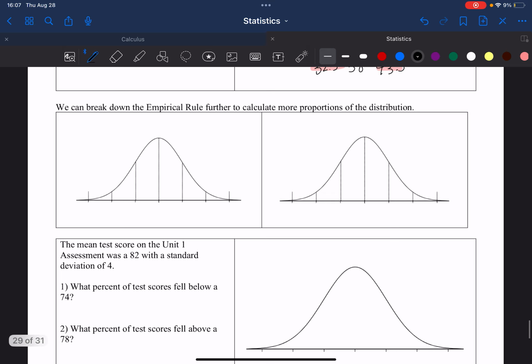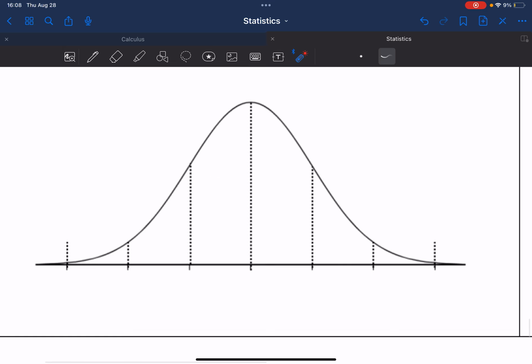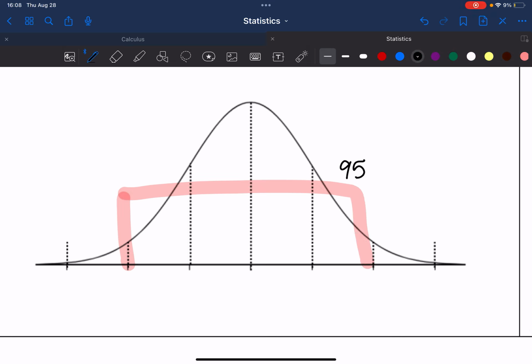Now, what if we could get even more detail out of the empirical rule? We would do that by calculating the small proportions between each standard deviation. In order to do that, we would first have to remember that two standard deviations away is 95%, and one standard deviation away is 68%.